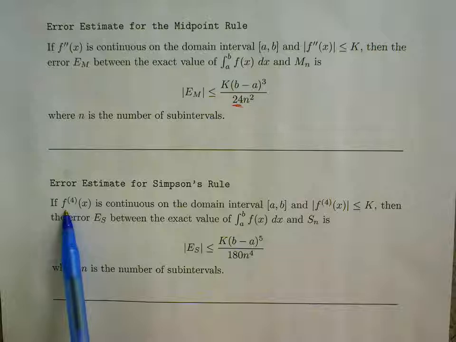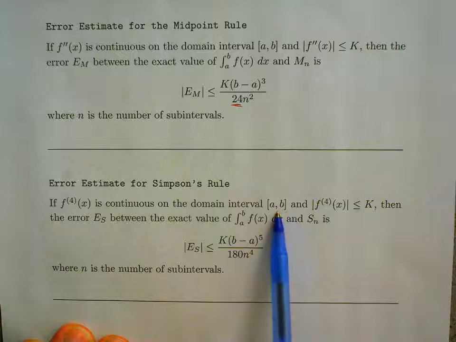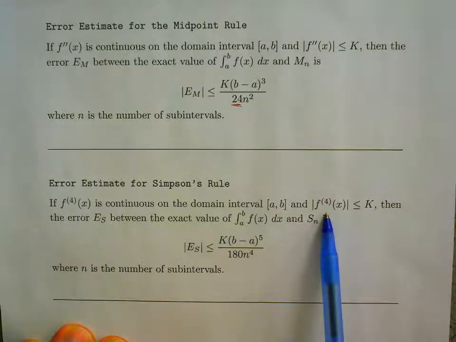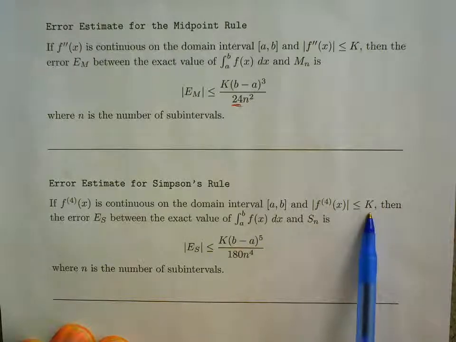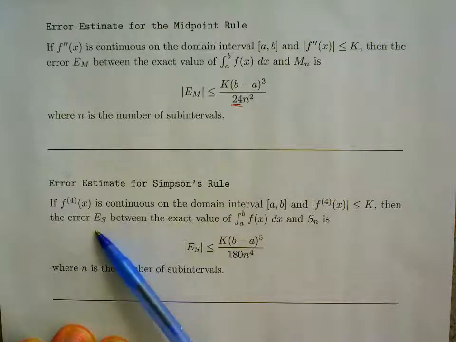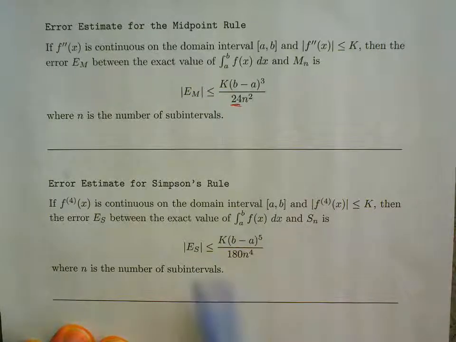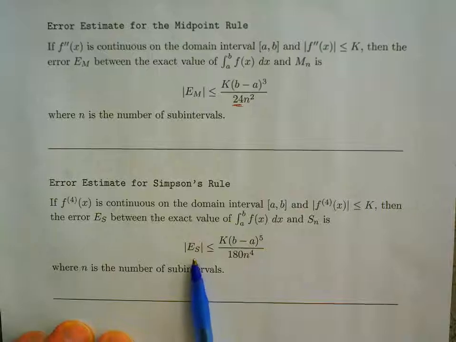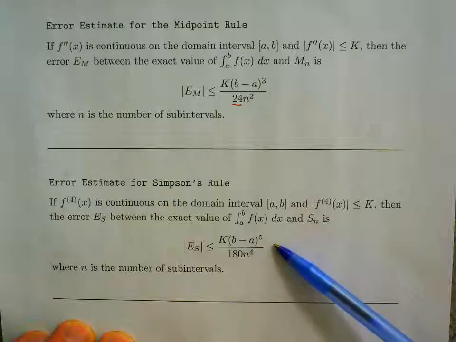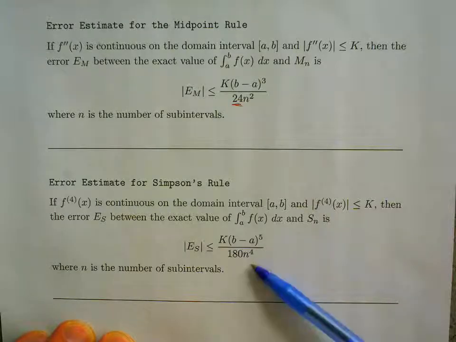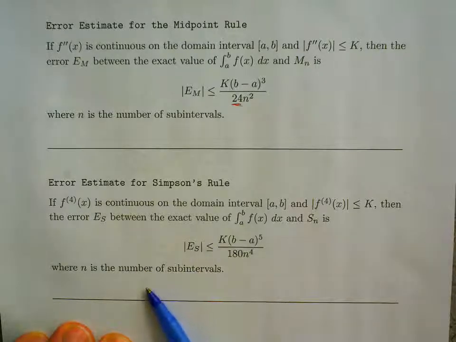If the fourth derivative of f is continuous on the domain interval from a to b, and the absolute value of the fourth derivative on that interval is less than or equal to some constant k, then the error E sub s between the exact value of the definite integral and S sub n, the absolute value of the error is less than or equal to k times (b minus a) to the fifth divided by 180 times n to the fourth, where n is the number of subintervals.